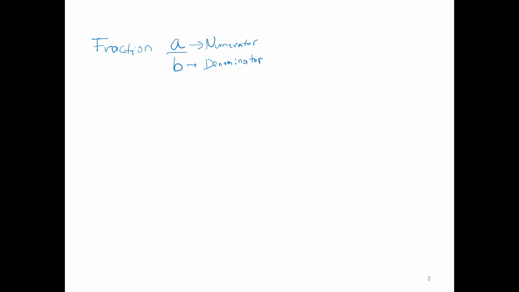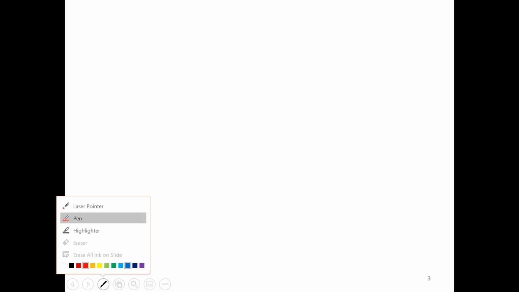Also, we learned how to multiply fractions, and if we multiply, for example, 3 over 2 multiplied by 5 over 4, then we need to multiply straight across.